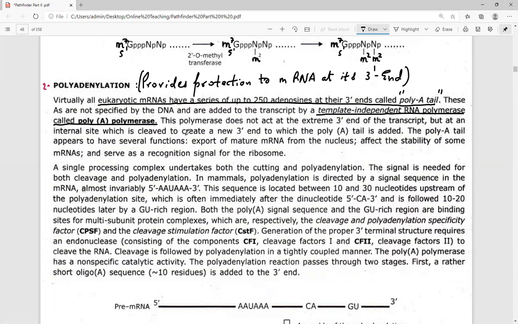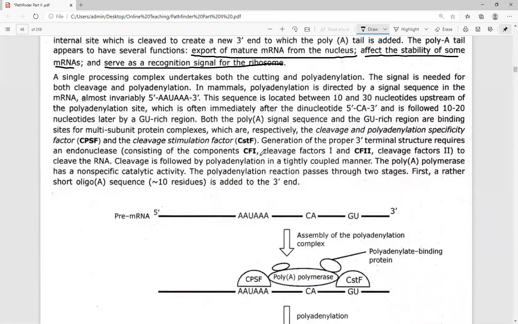Next, the poly A tail appears to have several functions. The poly A tail is responsible for protecting the mature mRNA and mediating its export from the nucleus into the cytosol. It affects the stability of some mRNA molecules as well as serves as a recognition signal for the ribosomes.